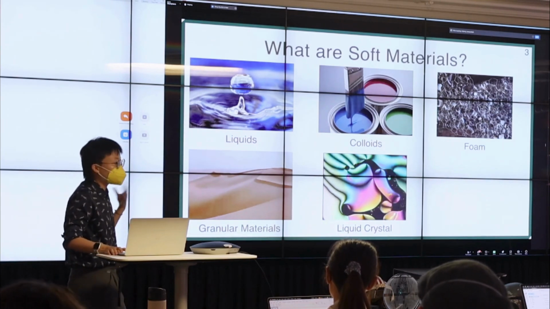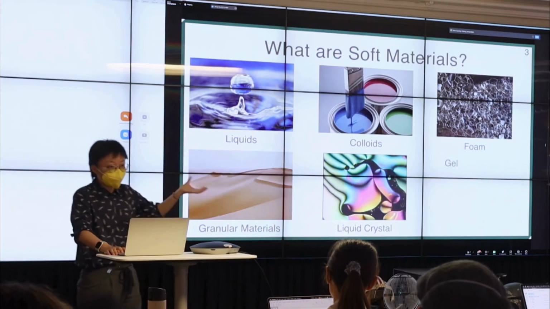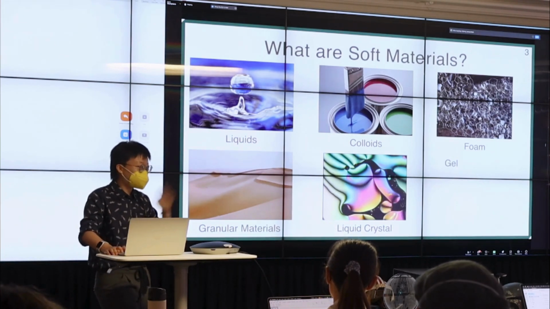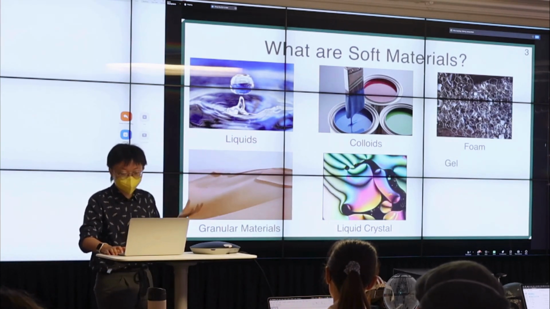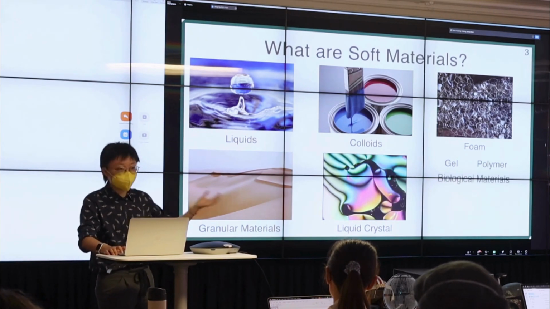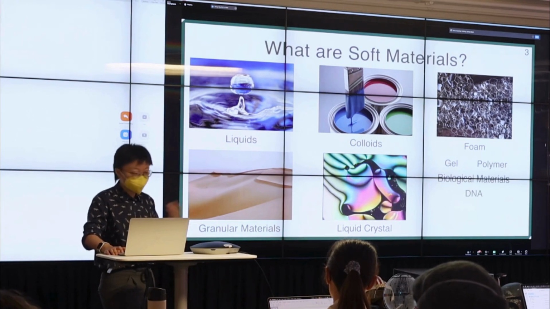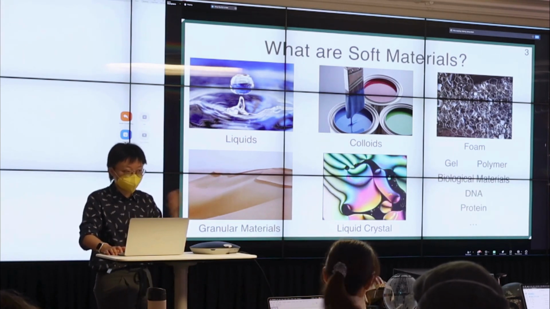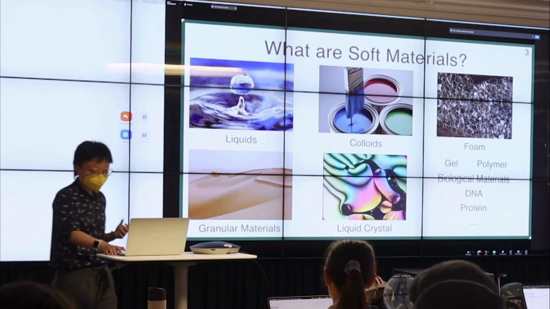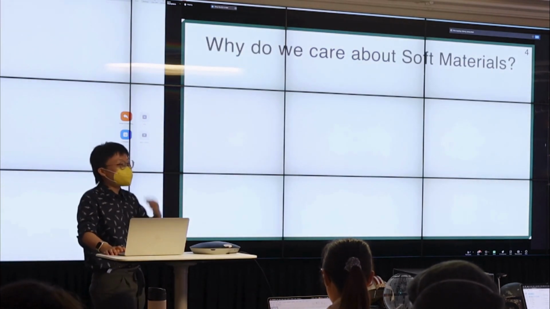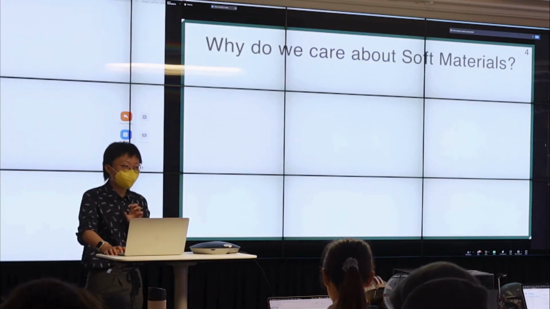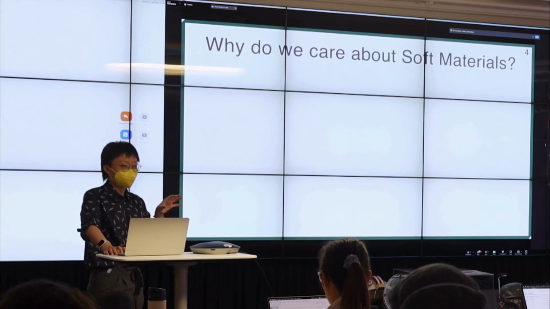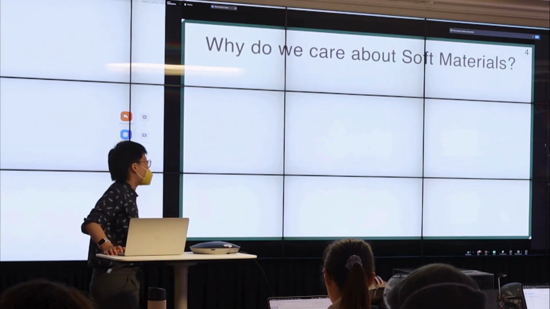This list can keep going on and on. We have gels, very important, we use them every day in our shampoos. Polymers and biological materials are all soft, so you have your DNA, proteins, and so on. Hopefully I've already convinced you why we care about soft materials, but I'm going to put on a few more examples.